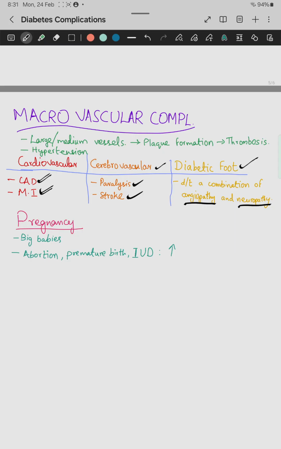And there are also high chances for abortion, premature birth, as well as intrauterine death of the baby. So diabetes in pregnancy is very severe. So this is all about the complications of diabetes.